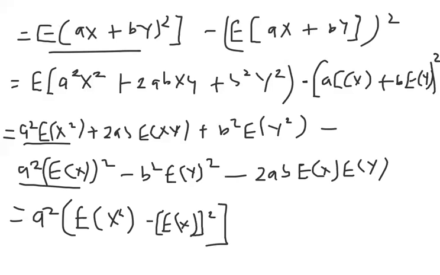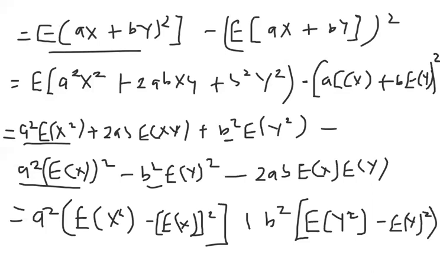The next term is b squared. I factor out b squared, then I'll have expectation of Y squared minus expectation of Y all squared. Okay, so this is plus.